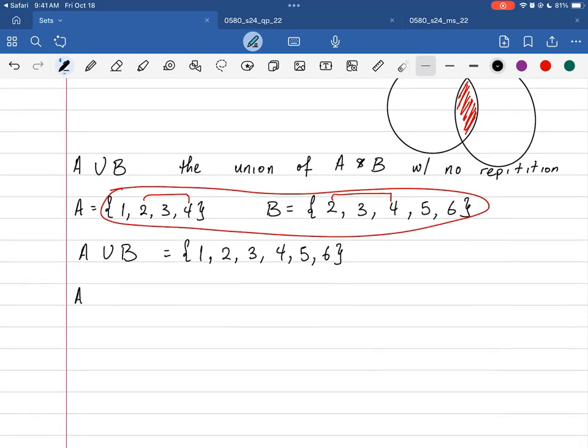Now, A complement can be written as this, or you can just write A complement.